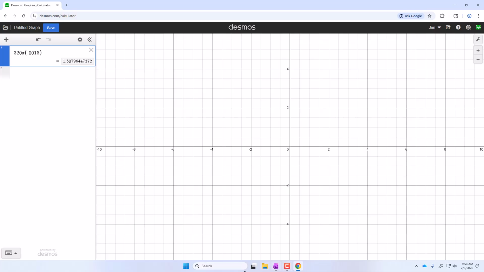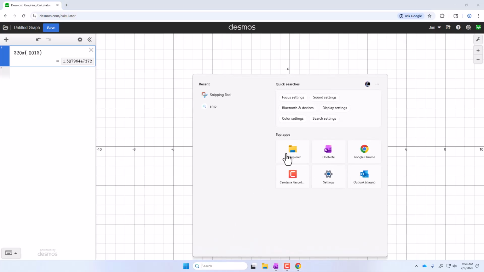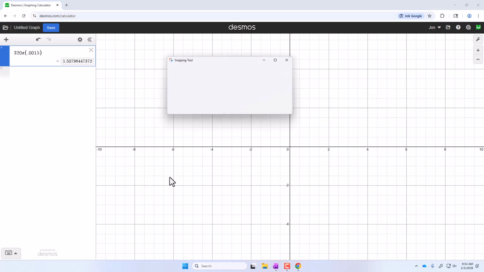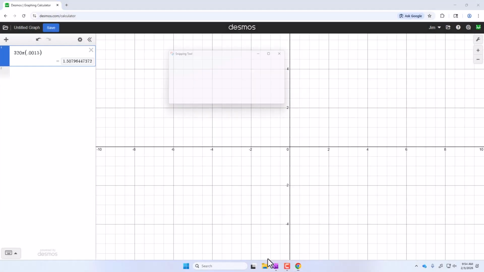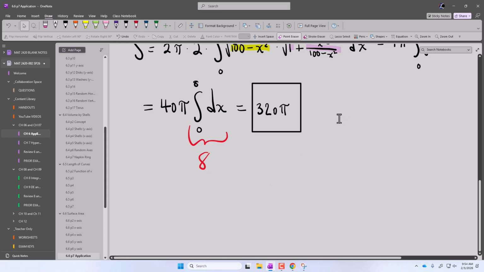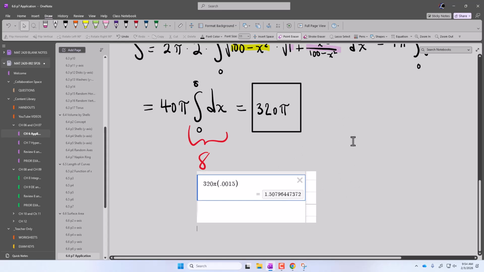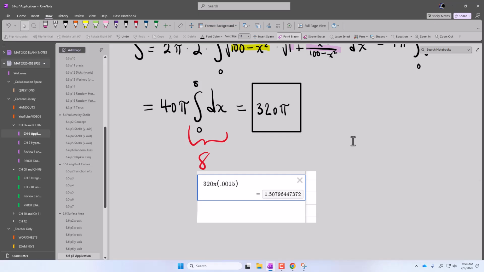So then they said to round that to 2 decimal places. So we'll just grab that thing, drop it in, and then we round it to 2 decimal places, getting whatever we get. And in this case, 1.51 would be our answer.